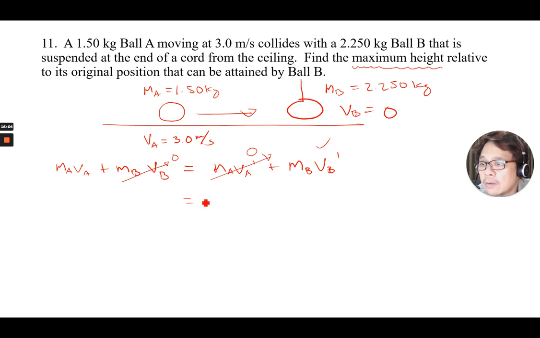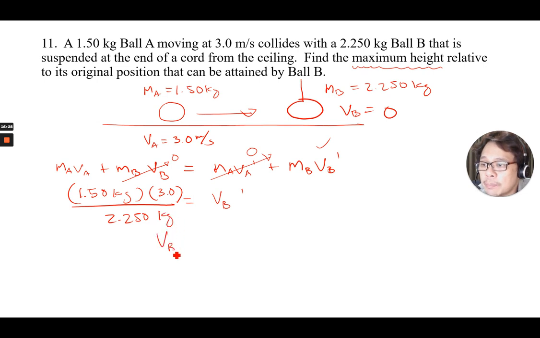So you have VB prime is equal to MA, which is 1.50 kilograms, multiplied by VA, 3.0 meters per second, divided by the mass of ball B, which is 2.250 kilograms.